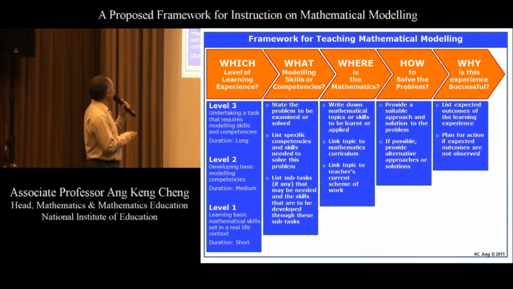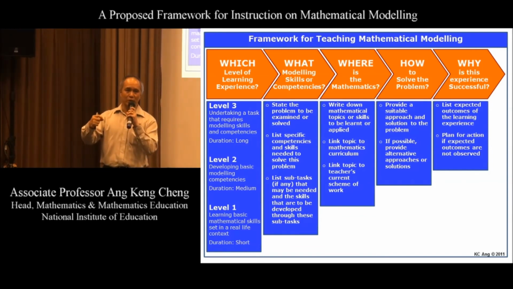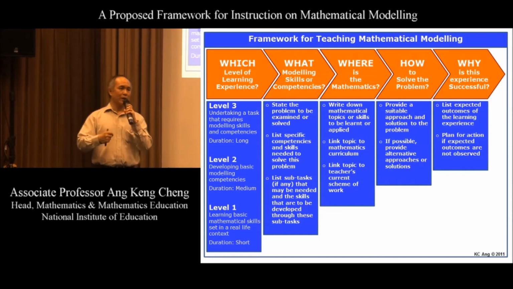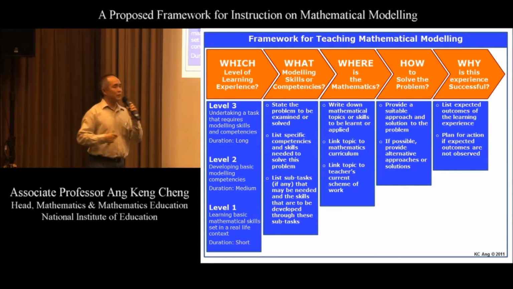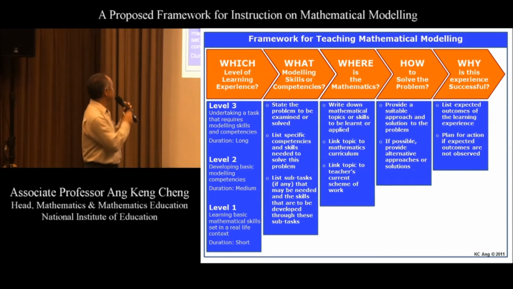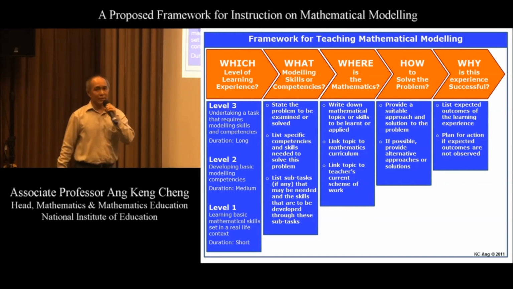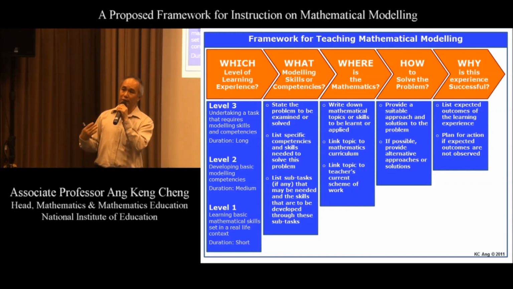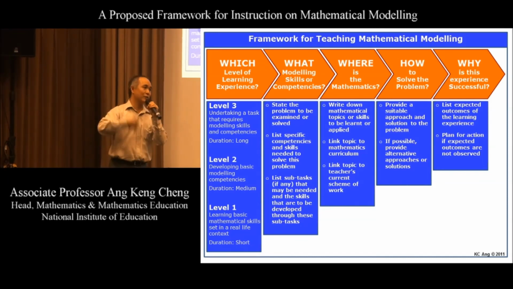Whereas for the mathematics, perhaps you could write down the actual mathematics that will be needed in tackling this problem, and it would be good if you can link that topic to your curriculum. How to solve the problem? As I said before, it's good if the teacher is able to get your hands dirty and actually solve it.